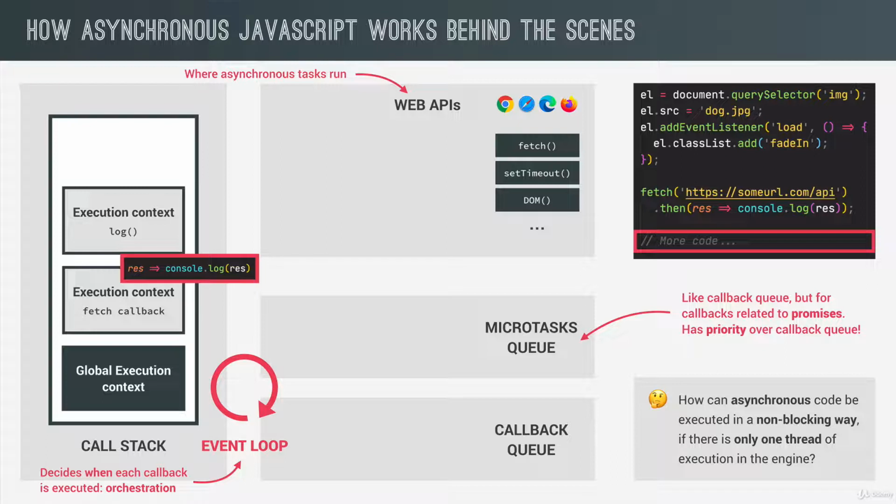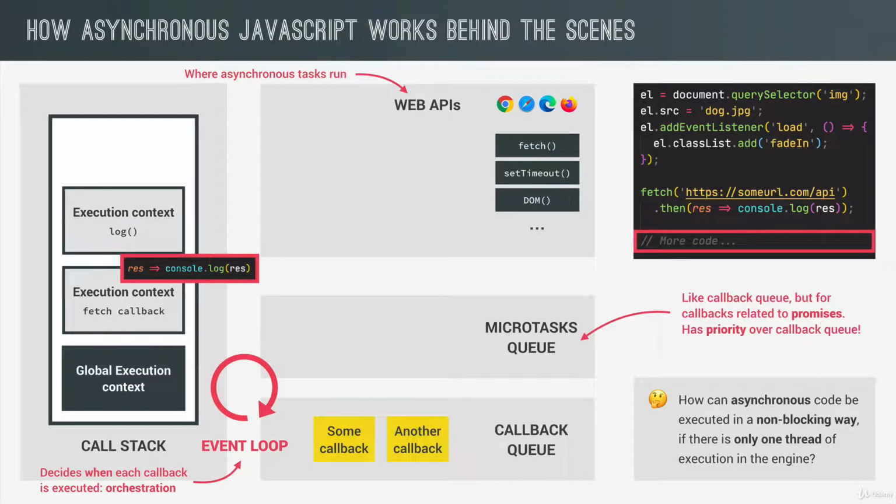And it doesn't matter if the callback queue is empty or not. So this would have worked the exact same way, even if there were some callbacks in the callback queue. And again, that's because microtasks always have priority. In practice, this means that microtasks can basically cut in line before all other regular callbacks.